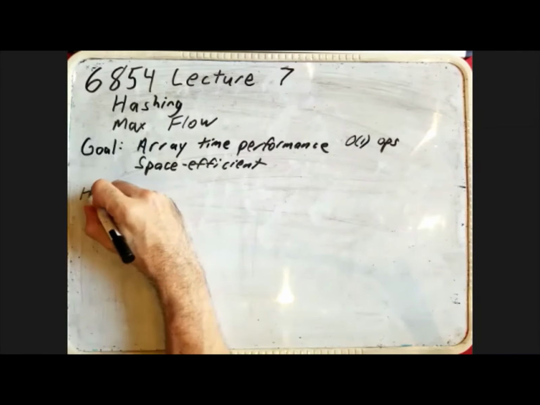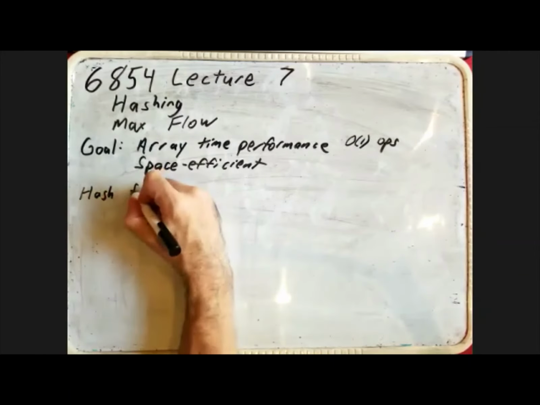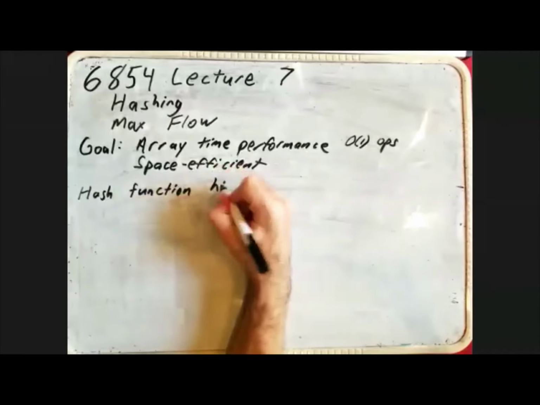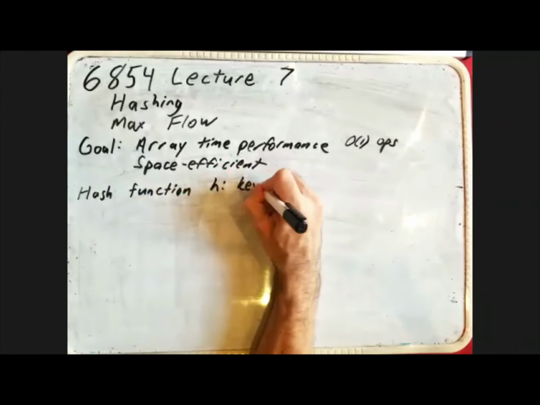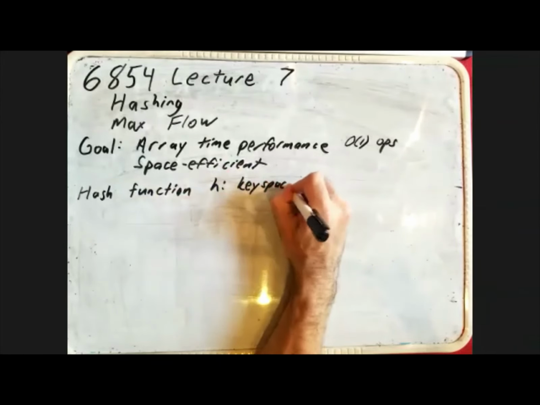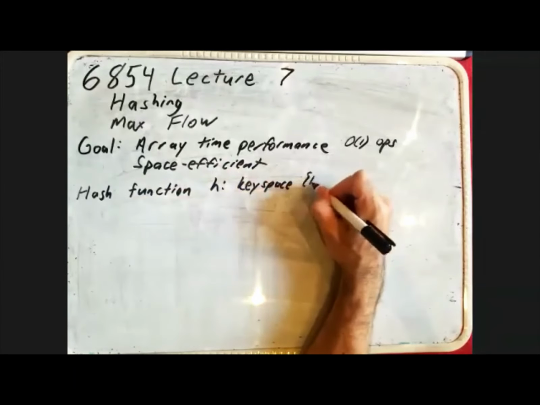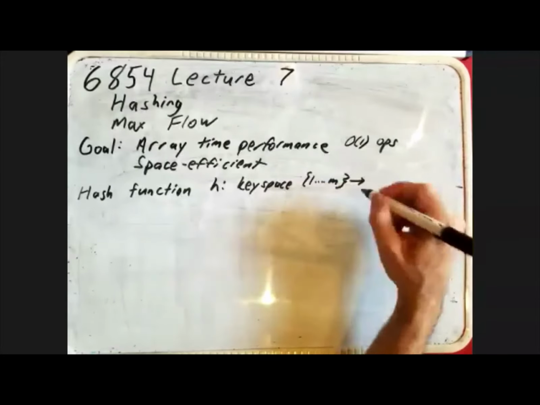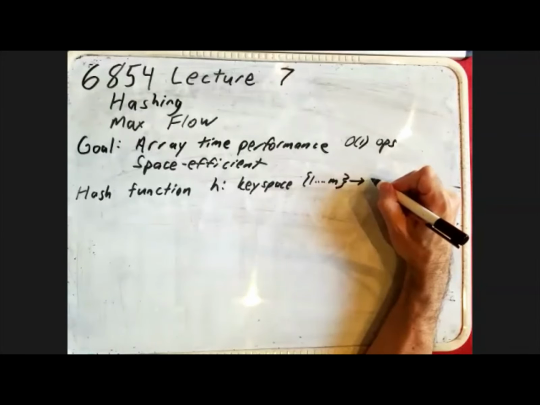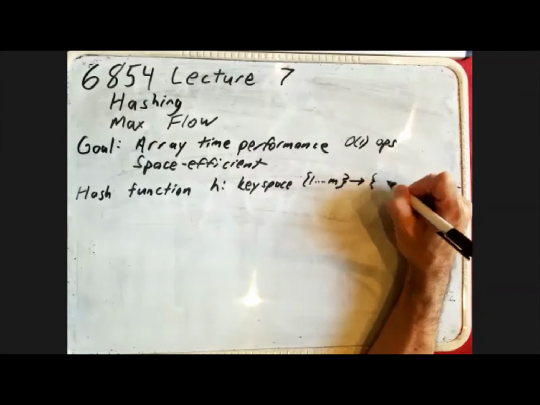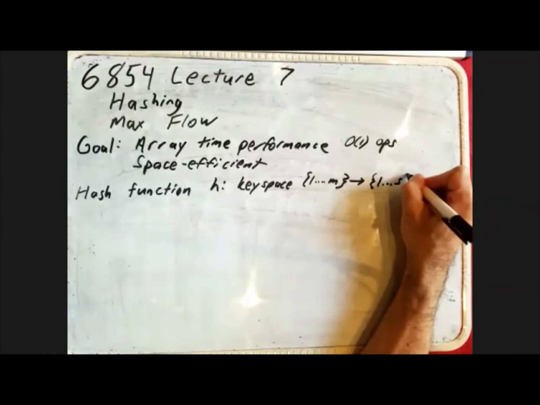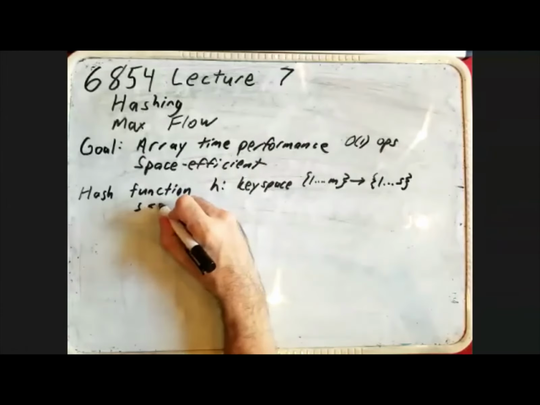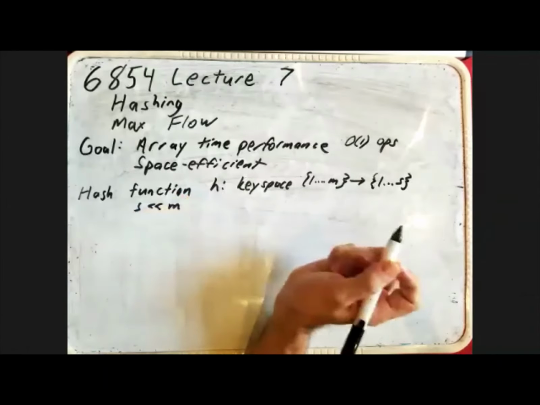We have the idea of a hash function, H, which maps the key space of values in the range 1 through m into some smaller space ranging from 1 to s, where s is much smaller than the key space.